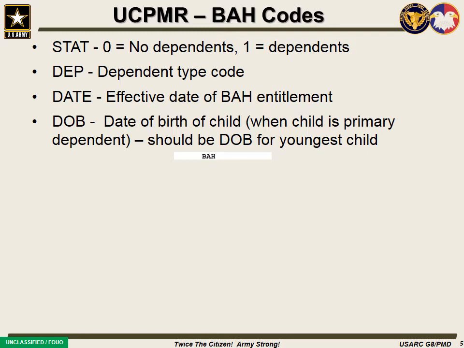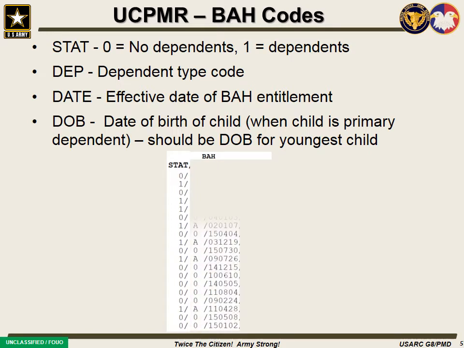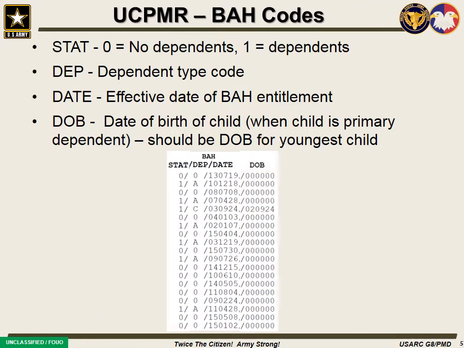These are the BAH status and dependent codes you will see in Section 1 of the UCPMR. Stat: 0 equals no dependents. 1 equals dependents. DEP, dependent type code. Date, effective date of BAH entitlement. DOB, date of birth of child when the child is the primary dependent.